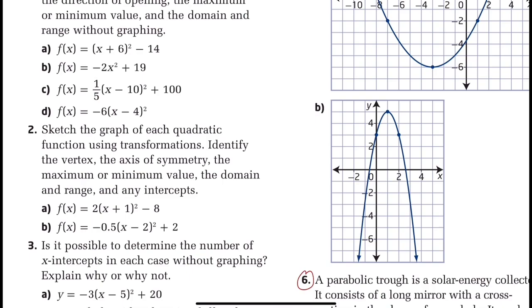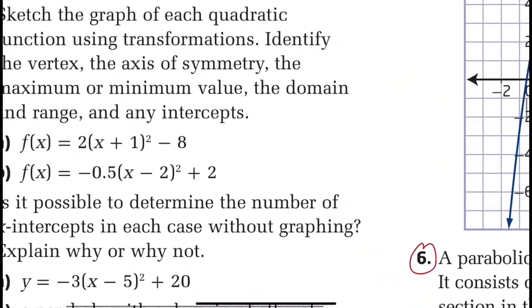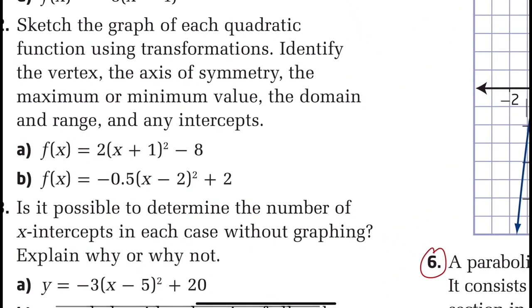So for this equation, our a is equal to 2, our p is minus 1, our q is minus 8.